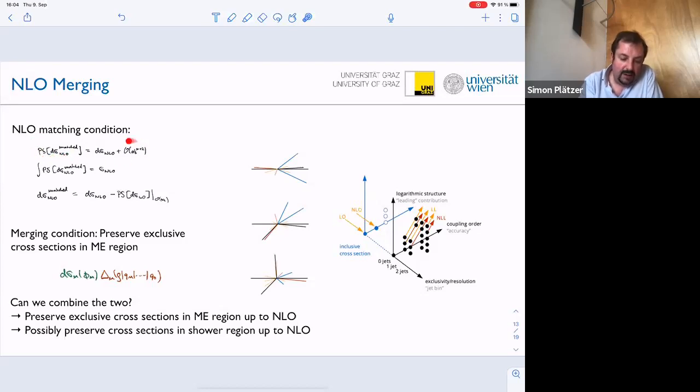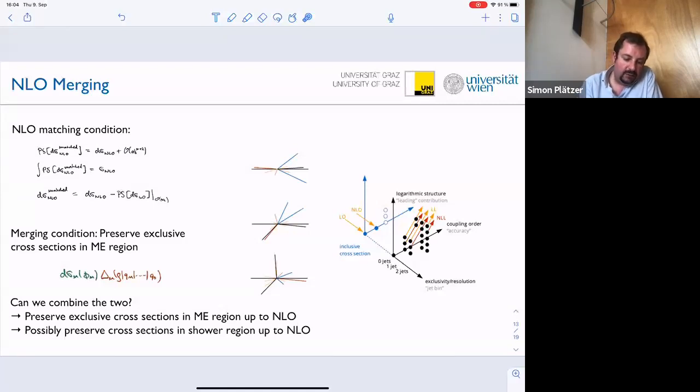So we demanded that the shower acting on the matched next to leading order cross section gives us back the next to leading order plus higher orders. And that we maintain, and this is a crucial difference now to merging or applying a matrix element correction, the next to leading order cross-section as the total normalization of what our simulation produces.